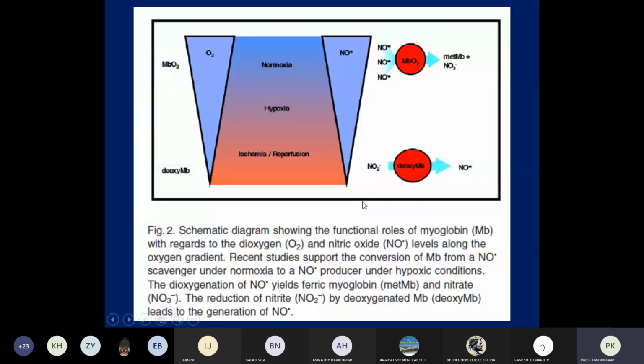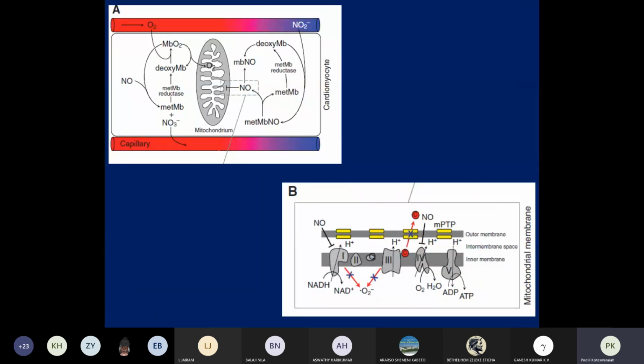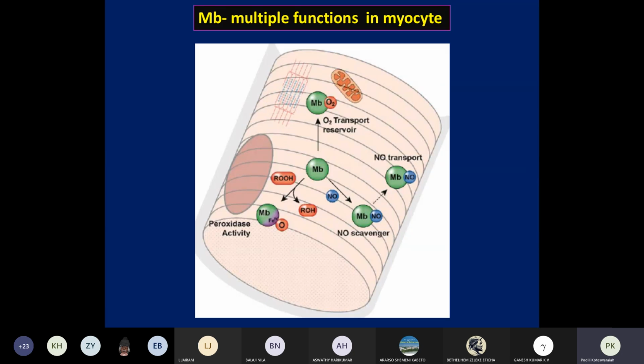In addition to this, as I already said, recent studies have shown that myoglobin not only stores oxygen, transports it and maintains intracellular O2 concentration, it also scavenges nitric oxide. Recent studies show that myoglobin has the ability to scavenge nitric oxide by converting it into nitrate.